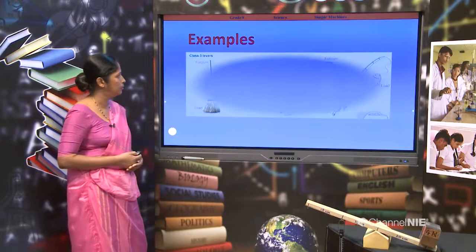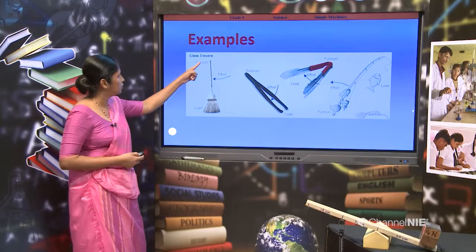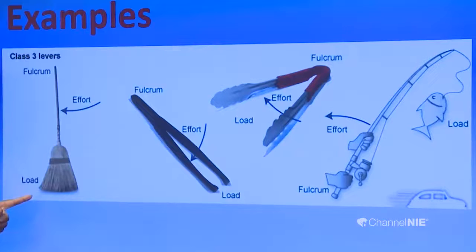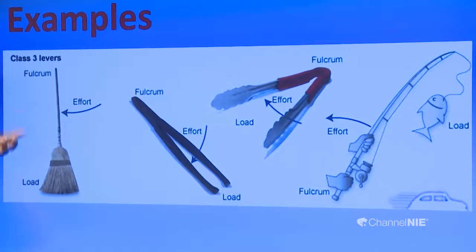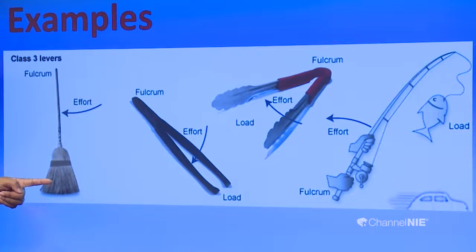Examples: a broom. Here is the load, the dirty particles. We remove dirty particles by exerting the force in the middle of the broom. So, the load moves a longer distance than the effort.